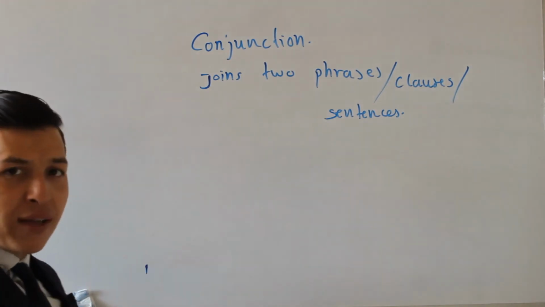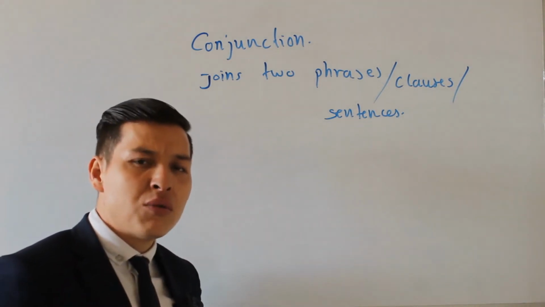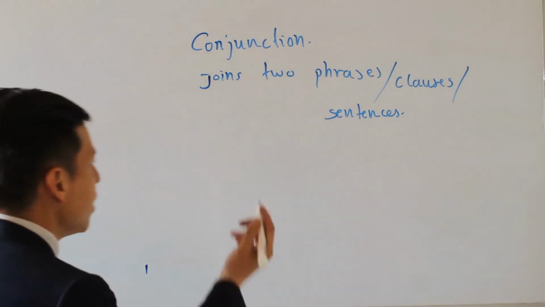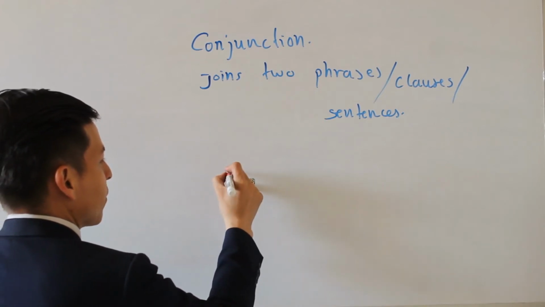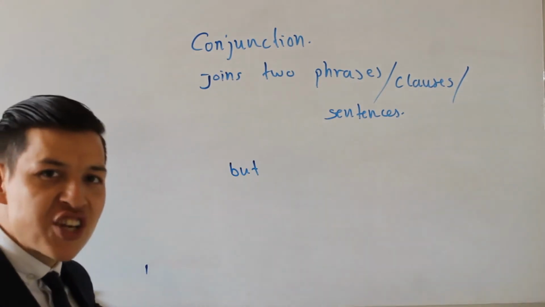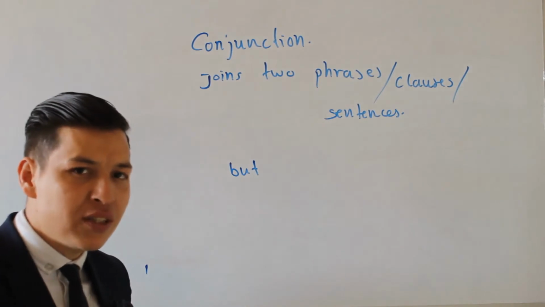So I want to name some conjunctions. We will study conjunctions, as I told you, with details, kinds of conjunction. I say just for example the conjunction but. But is a conjunction that joins two opposite ideas.